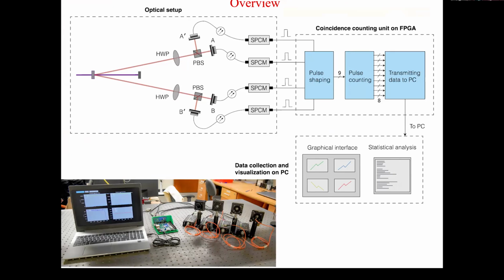However, what we have here is a beam of entangled photons being produced. Whenever there is a photon in this arm, it heralds the production of a photon in the other arm. Heralds means shouts or signals. So whenever there is a photon in this arm, there must be a coincident photon in the other arm at the same time, simultaneously.